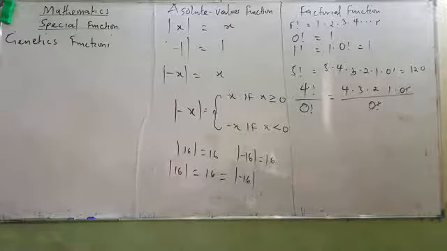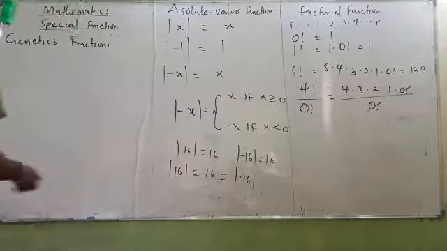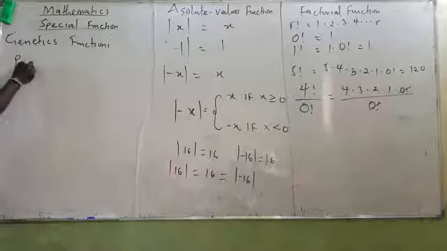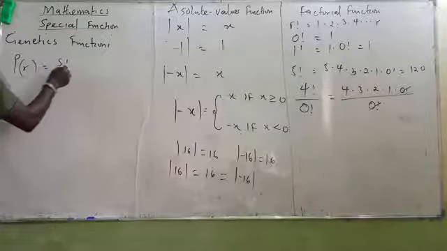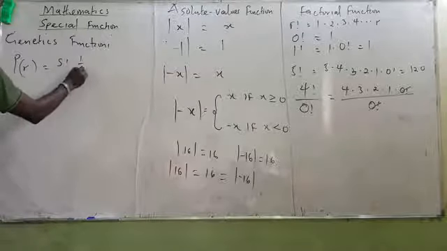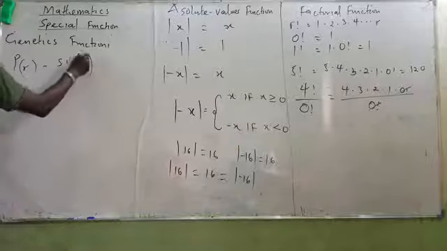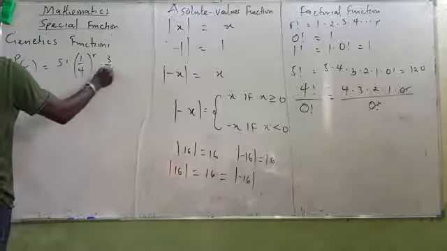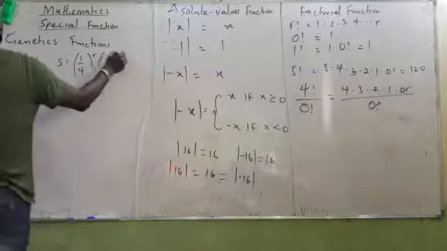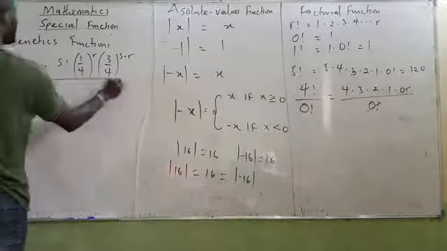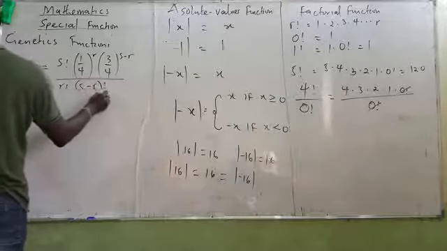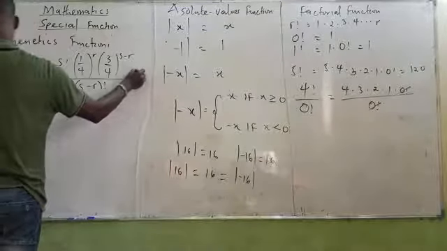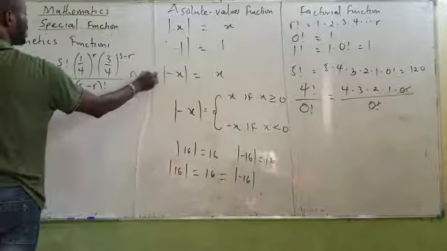Now, genetic function, I won't say much here. For instance, anytime you have P of r equals x factorial over r factorial times bracket 1 over 4 raised to r, times bracket 3 over 4 raised to x minus r, divided by x minus r factorial, where r is 0, 1, 2, and so on and so forth.